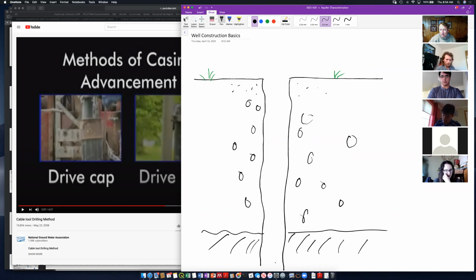If we just leave it open, these unconsolidated gravels and sands are going to collapse into the hole and we'll lose our hole. So what we do is we drive casing down the hole.